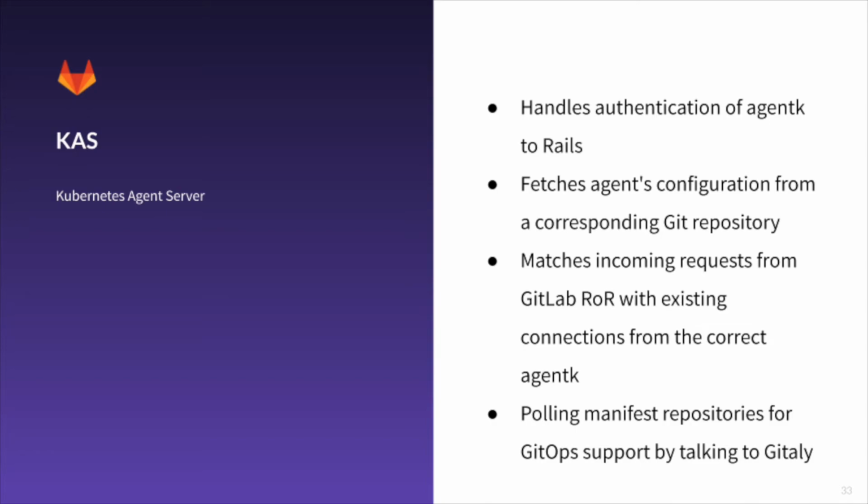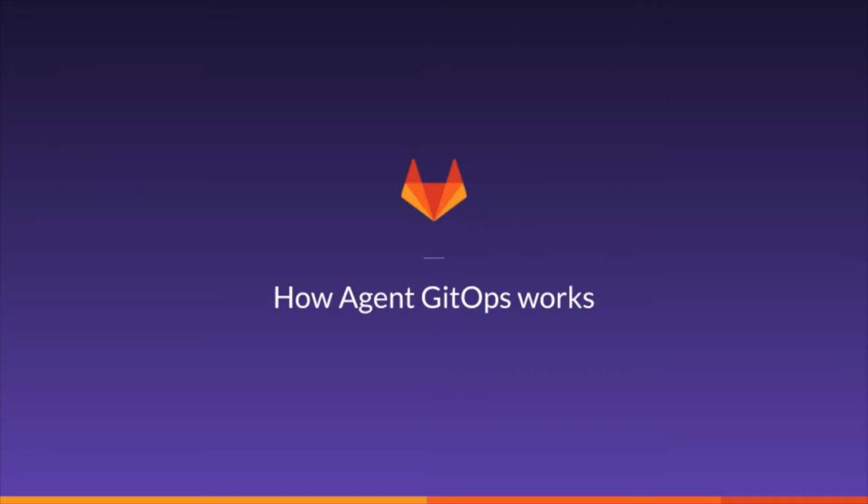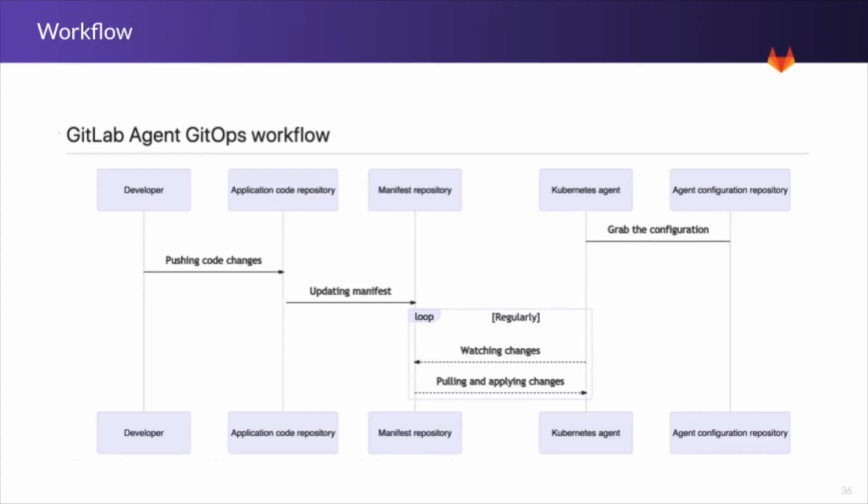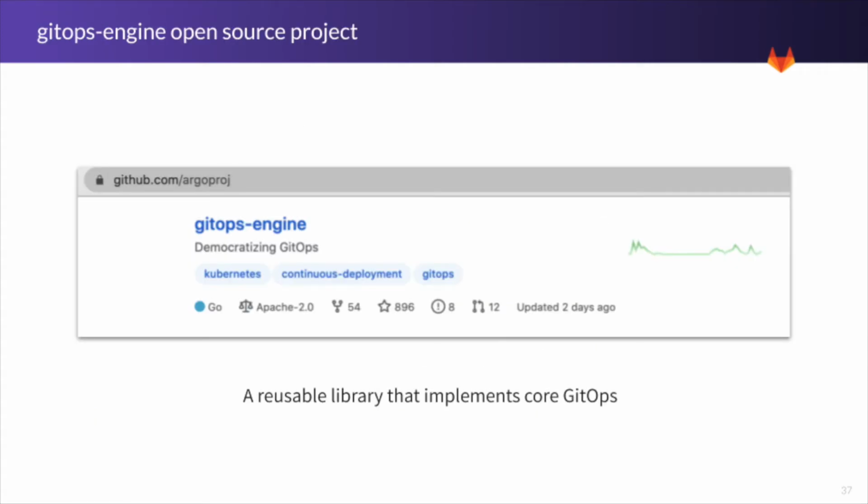This is more detail about the agent server. What it does is authenticate the agents that are running on the cluster. It fetches configuration for the agents and the corresponding repo, and then it keeps polling for incoming communication. This is a high-level relationship diagram of the agent and the server side process, and this is a workflow of the whole process of the agent checking every so many seconds with the server to see if there are any updates to the configuration of the project.